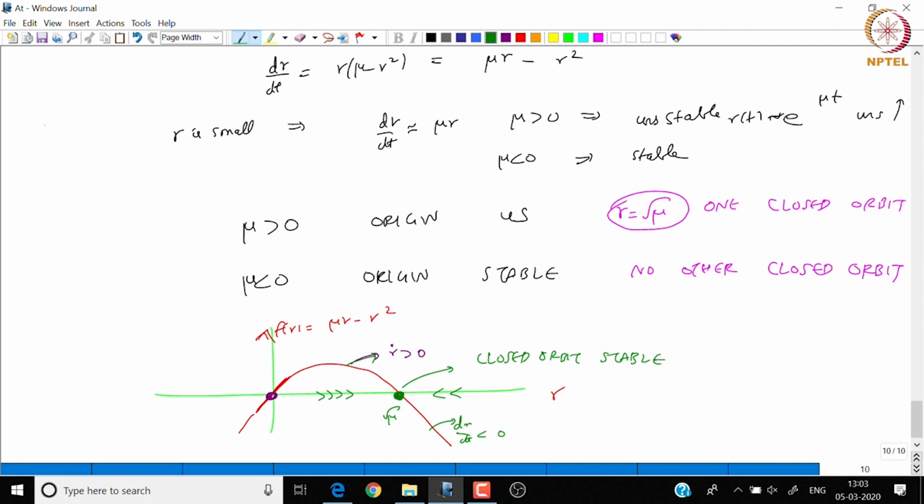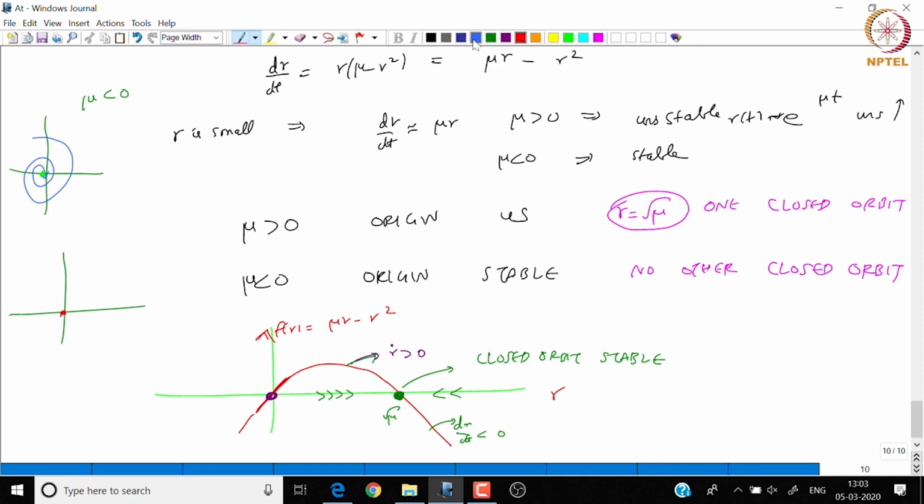So what is happening here is, when mu is negative, there is only one stable equilibrium point. So the origin is a stable equilibrium, and any trajectory settles to the origin. Whereas when mu is positive, the origin becomes unstable, and we can calculate it becomes a focus indeed, because theta dot is minus 1, so it has to keep rotating clockwise.